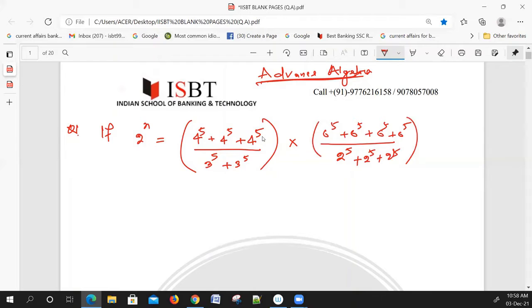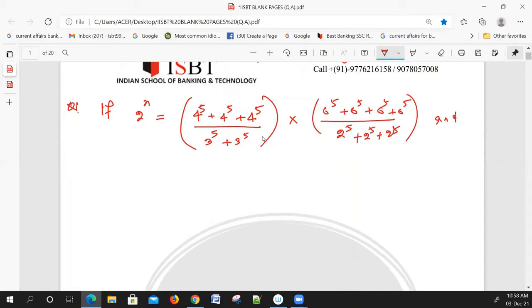and n greater than 0, then what should be the value of n square?